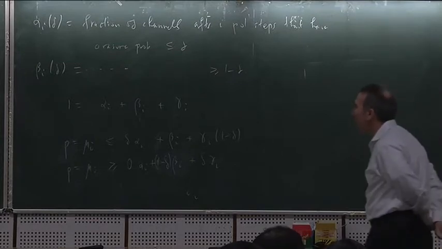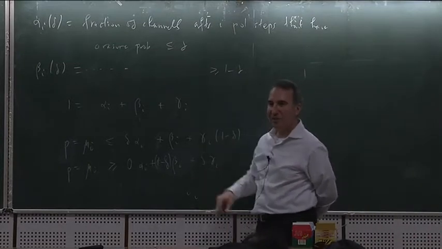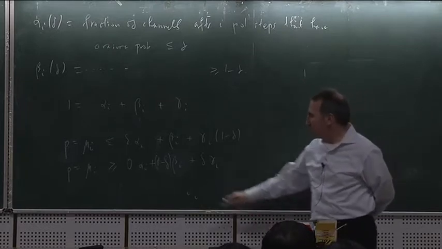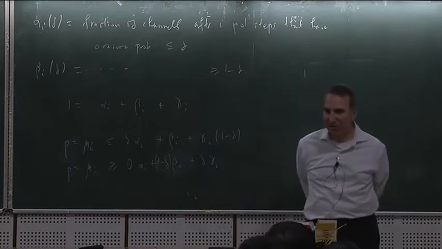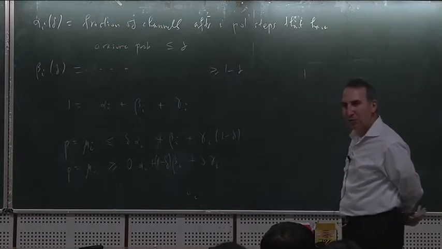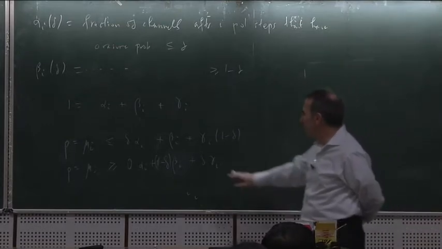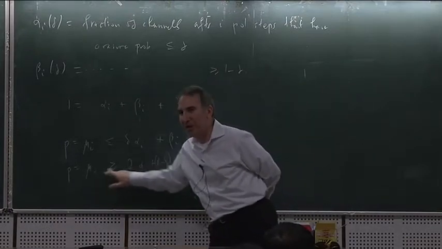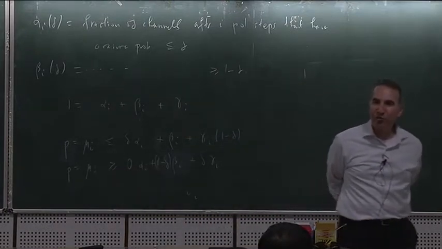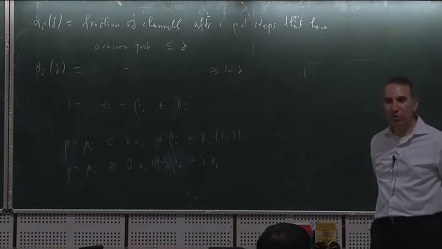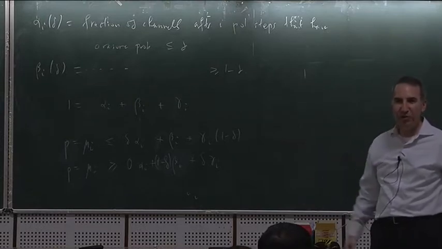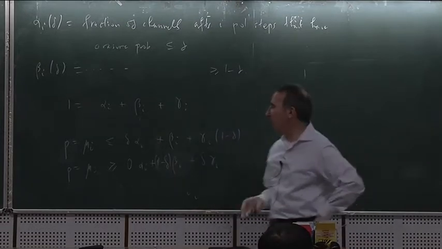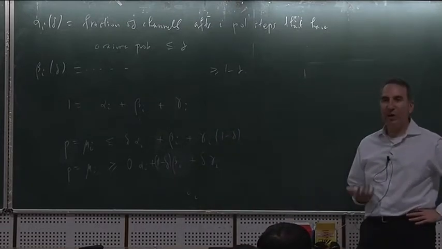Because all these channels in the beta, they have erasure with at least 1 minus delta, so they contribute here. So if delta is small, what you see is ignore this term. This is fine. For delta small, which means that the beta is upper bounded by p over 1 minus delta. If delta is small, that is p. And then from here you'll find that the beta is also lower bounded by p.